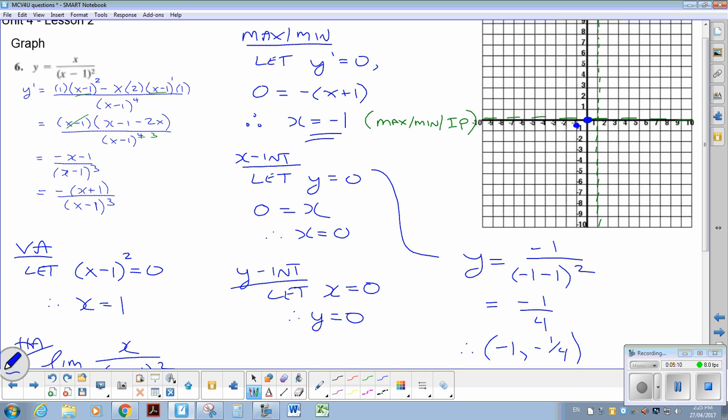All right. So at this point in time, we can take a look at the end behavior. The horizontal asymptote tells me that my graph is going to exit either here and here, here, or here. So kind of using common sense, if we look at this region right here, I know I have to pass through 0, 0. I have to pass through my max min. No other x-intercept exists along here, which means that in order to exit the graph, I'm going to have to go like that.